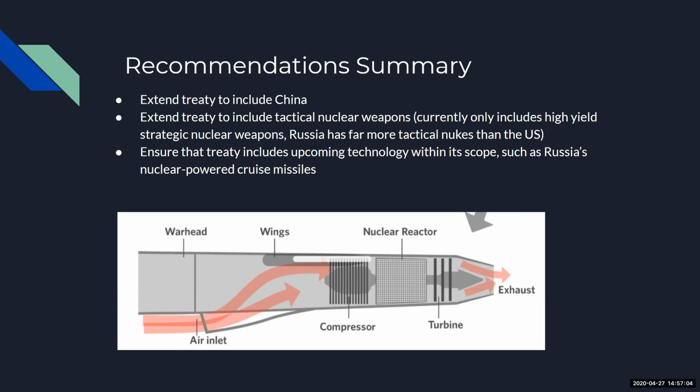That's a mechanism for either party to appeal the technology that another party is proposing in order to determine whether or not it falls under the New START Treaty limits.